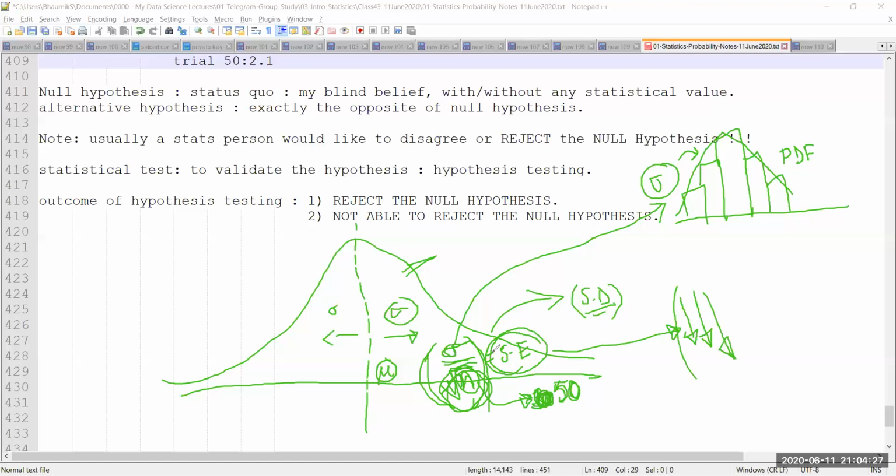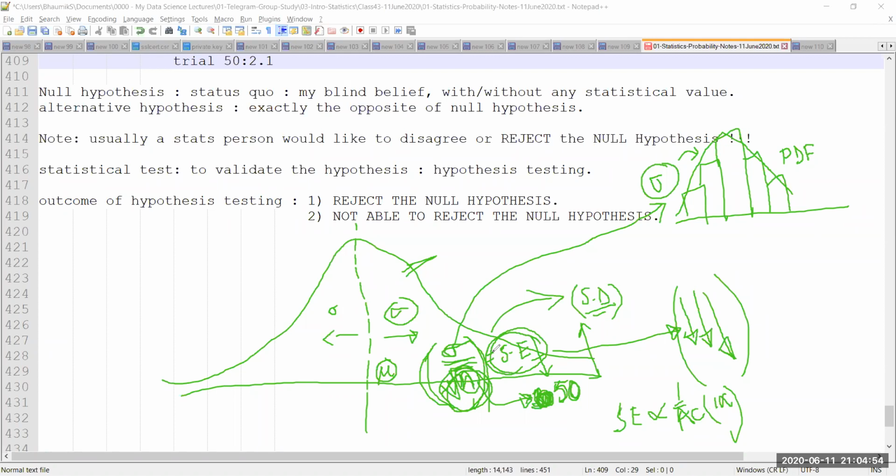And in inferential statistics terminology, this is known as the accuracy of the inference that we have made. The less the standard error, the more the accuracy. So standard error is inversely proportional to the accuracy, or the accuracy is inversely proportional to the standard error. The accuracy here refers to the accuracy of the inference, because we are not predicting anything.